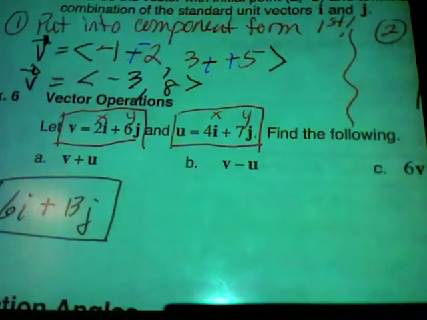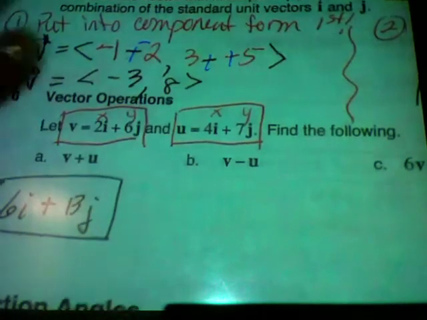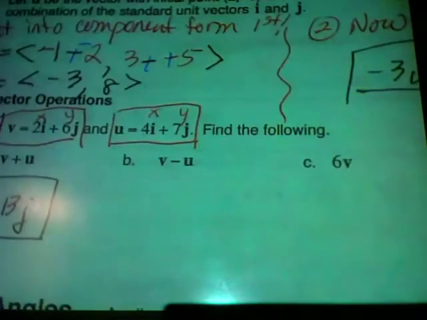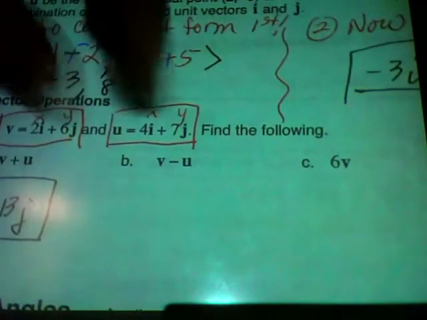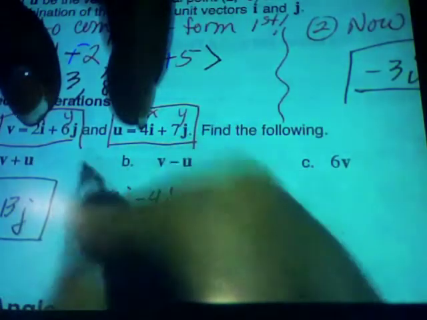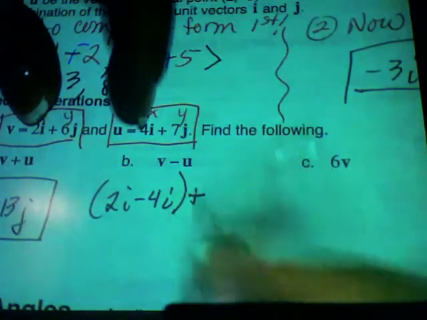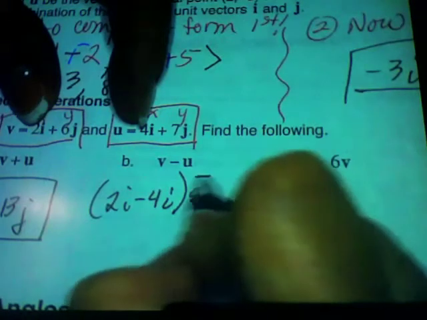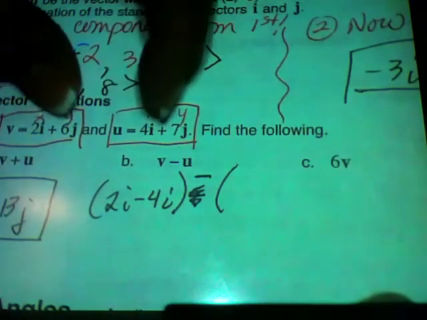That's a toughie, right? Now I would be careful on the next one. Careful when you're subtracting two things. So v comes first, so I'm going to take 2i minus 4i, right? Then minus my u's.